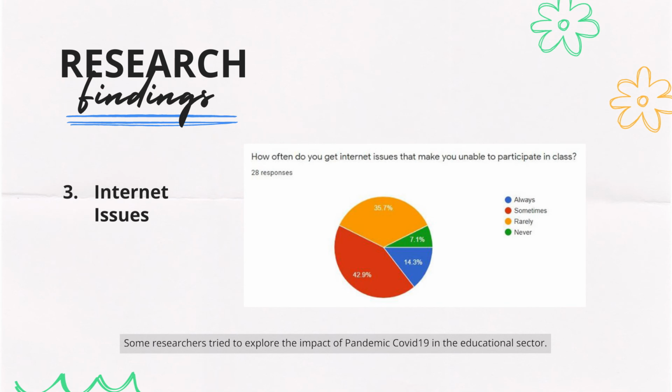Some researchers tried to explore the impact of the COVID-19 pandemic in the educational sector. It led to a big impact after most governments in the world decided to do teaching and learning online to reduce the transmission of COVID-19. One of the big problems which has appeared during this implementation is internet issues and the need to improve some factors dealing with the quality of internet access.